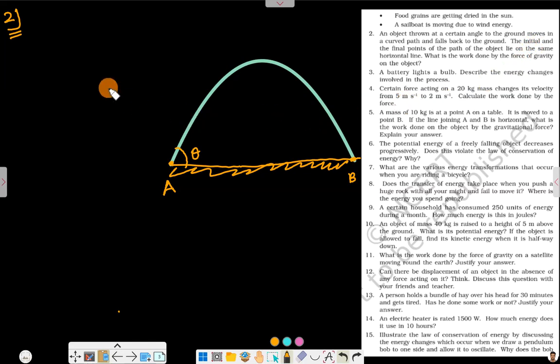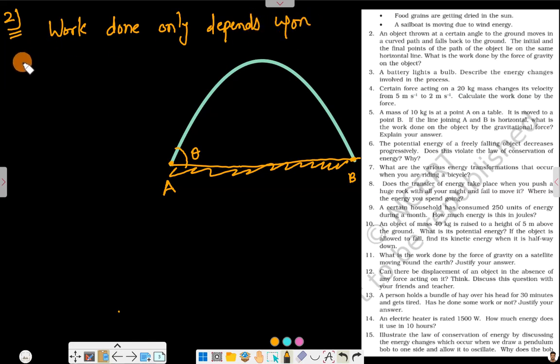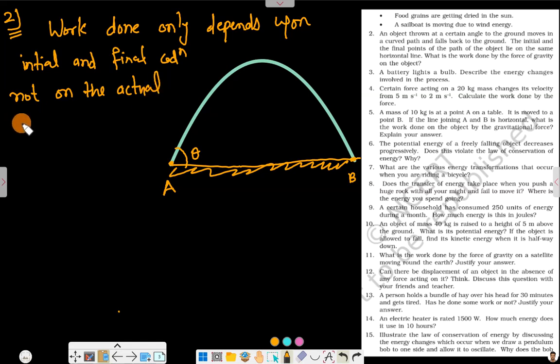First, as I already explained to you, work done only depends upon the initial and final condition, not on the path. So here the initial condition is A and the final condition is B.